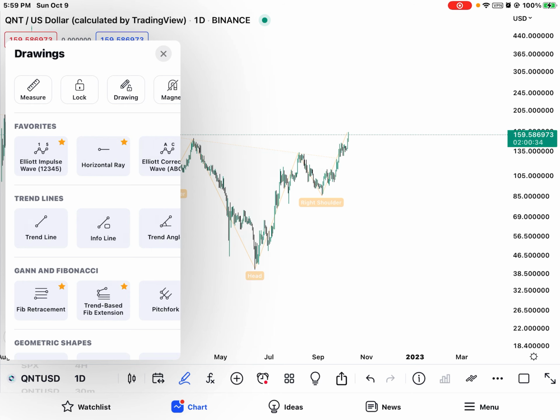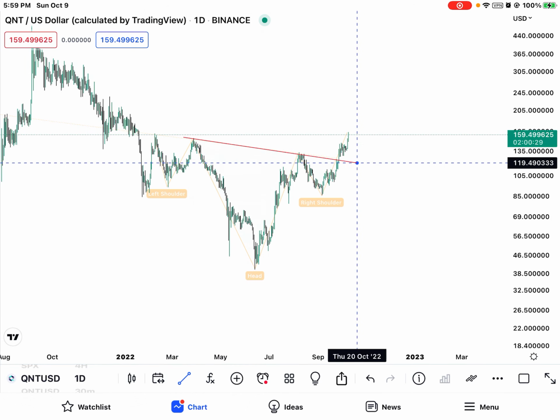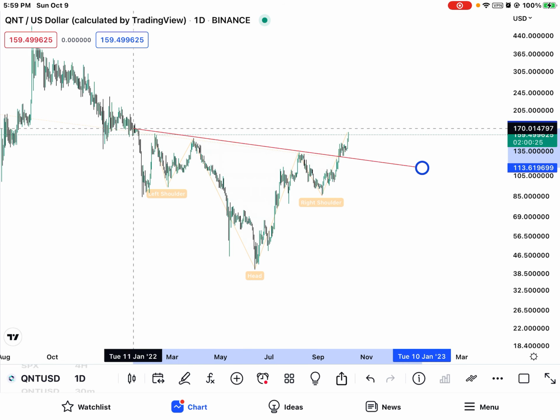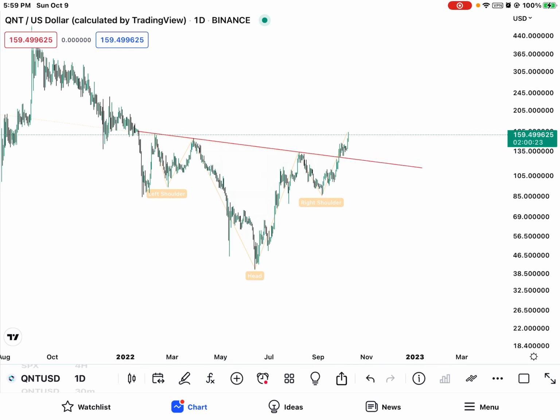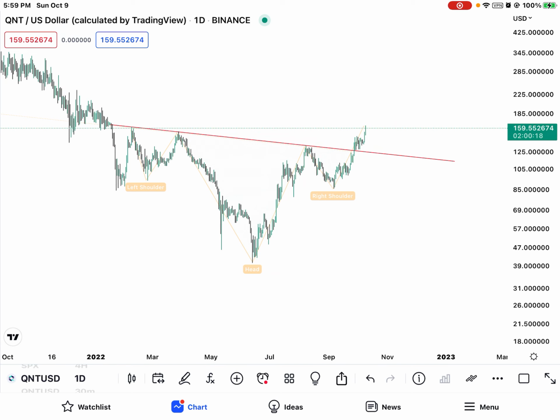Now, what we can do is place a trend line to show where our neckline is. Okay, so that's the neckline of our head and shoulders pattern.